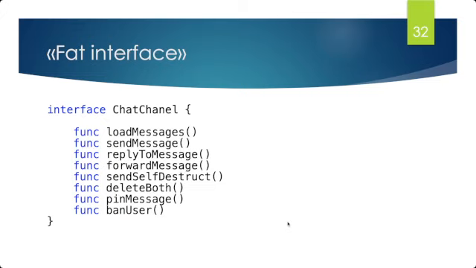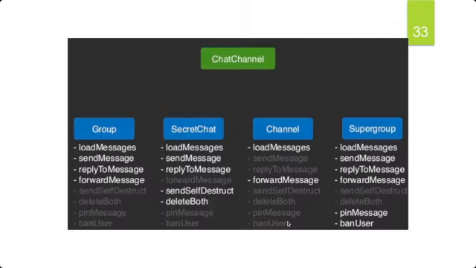Let's imagine that we create an application, mobile or maybe web, for chatting. And we create the interface ChatChannel for all channels in our chat. And we add a lot of methods inside this interface. Then we implement this interface, and we have a lot of classes.